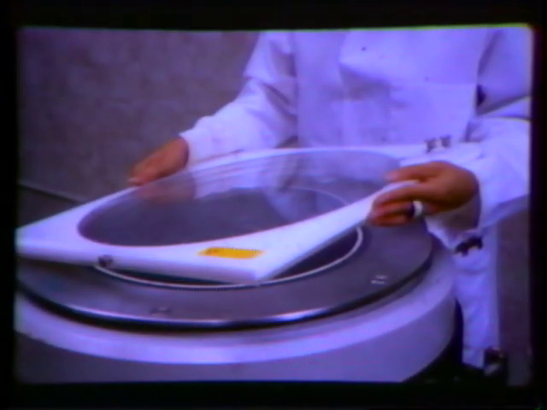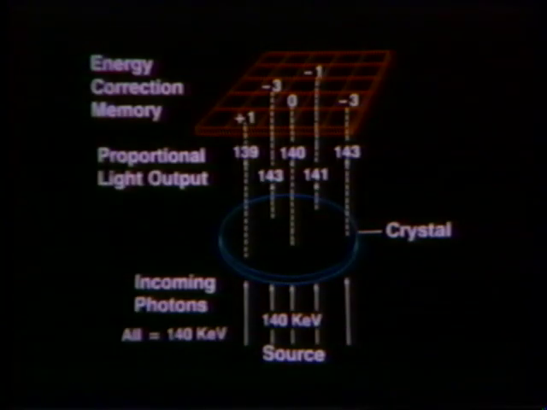To correct these non-uniformities, instead of using a bar phantom, we simply use a uniform source of radiation placed in front of the detector. Special circuits look at small areas of the crystal independently and calculate how each area is responding to the incoming energy.